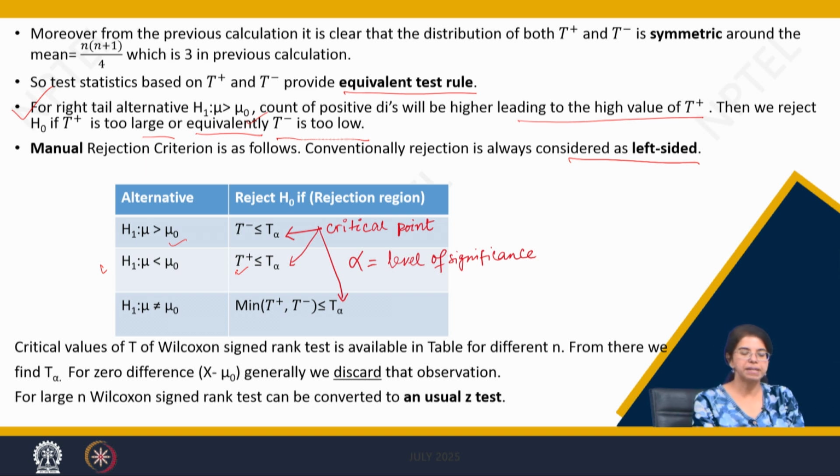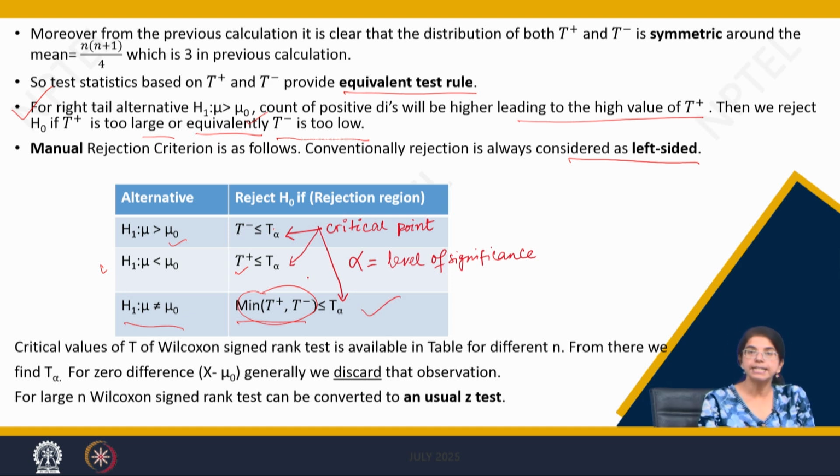So, rejection will be T plus less than or equal to T alpha. Remember, unlike the normal test, here both rejections are left tail. Clear? So, when you are dealing with a two tail test, you have to consider the minimum of T plus and T minus, and there again you make the rejection region if the minimum of T plus and T minus is less than T alpha.